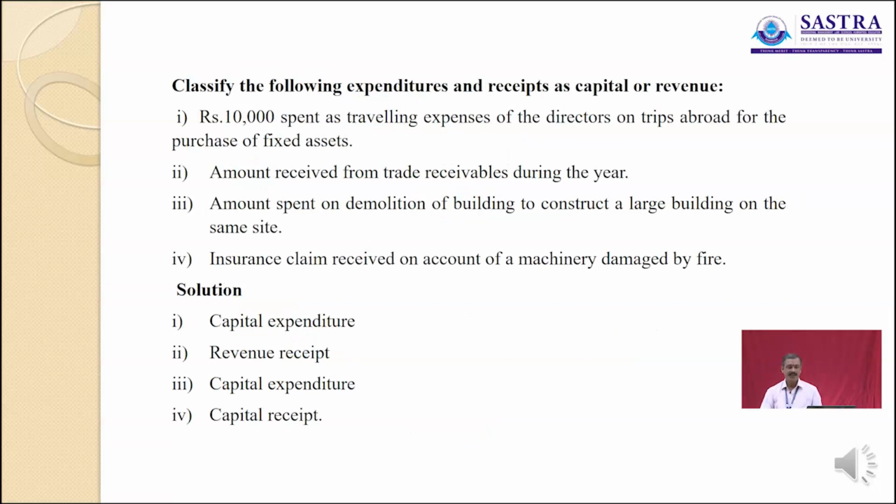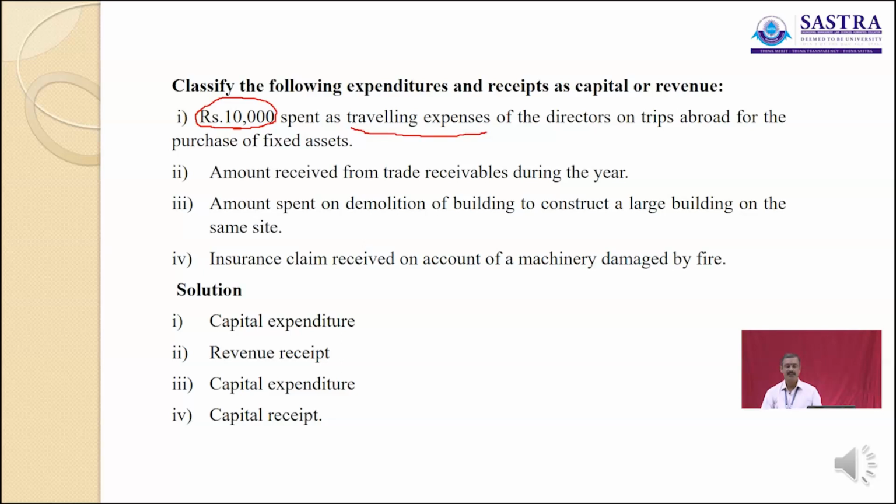The very next exercise is the classification of the following expenditures and receipts as capital or revenue. Let us discuss the items one by one first. Rupees 10,000 spent as traveling expense. Please do understand, the traveling expense comes under which category?